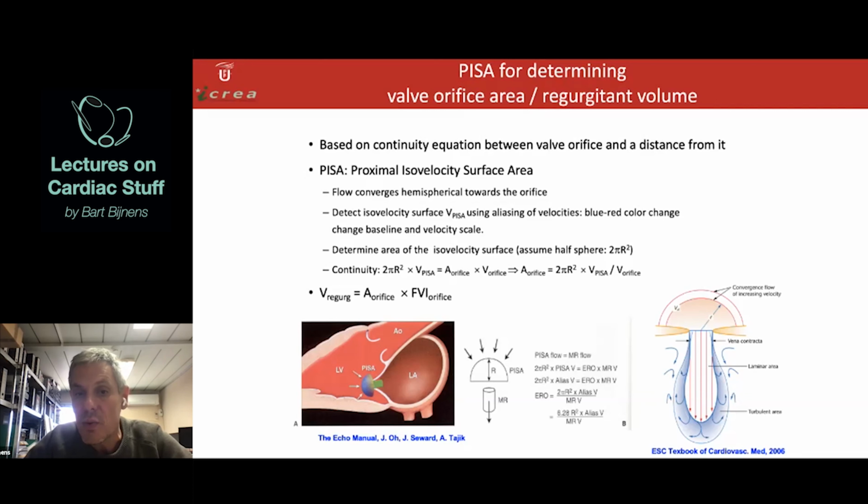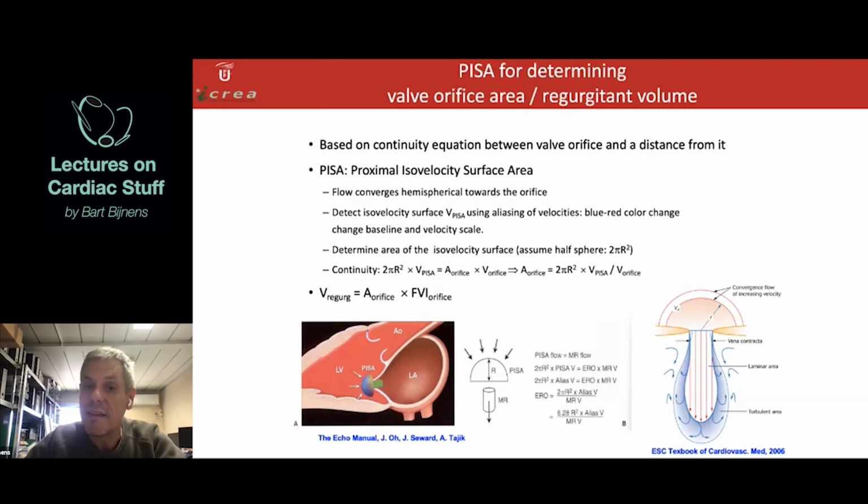What we can do is identify the position of a certain velocity and measure this radius. So we can calculate the area here. We know the velocity, and we can measure the velocity here, which means that again, we can calculate the area.